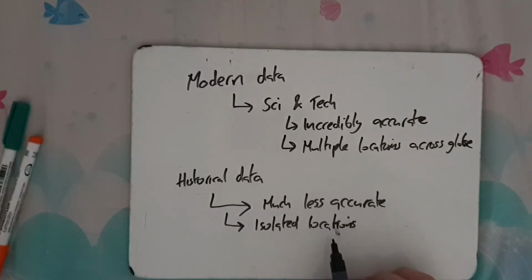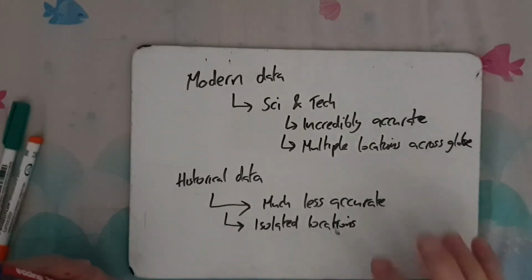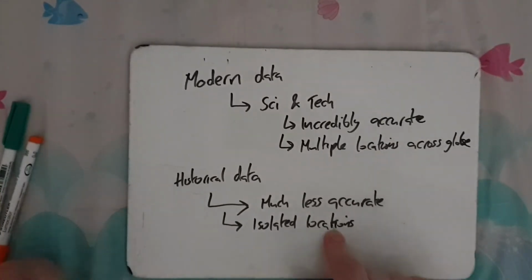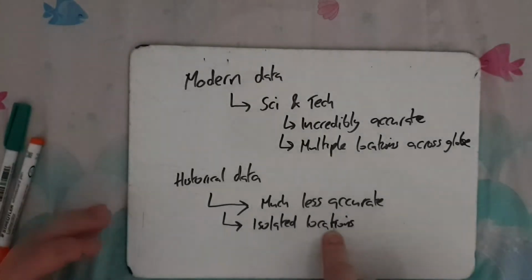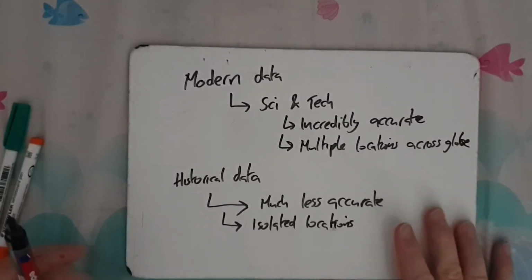Whereas today, we've got the temperature measured in every major town, village, city across the whole of the earth, right? So we haven't got as many readings, and we don't know from those few readings if that is representative of the temperature of the entire earth or just those locations.